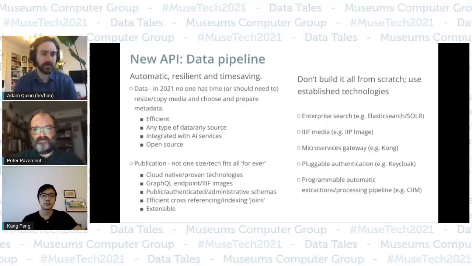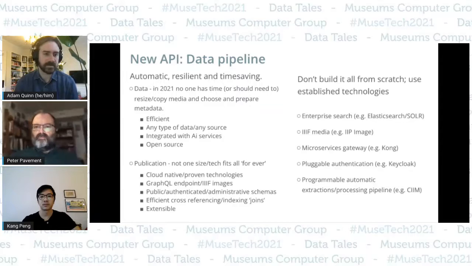And then any pluggable authentication like Keycloak for creating user accounts and getting tokens, and make sure that everything is automatic using the CMS. And is really an accessible backend for our registrars and curators to verify the data before it goes public. Next slide.